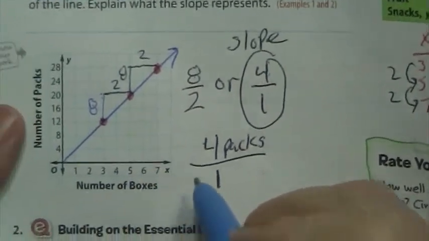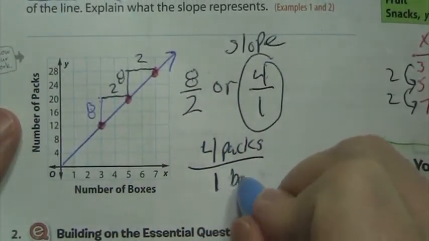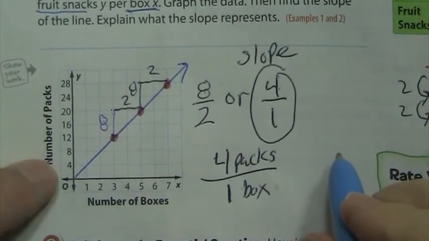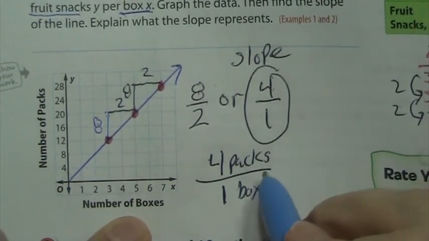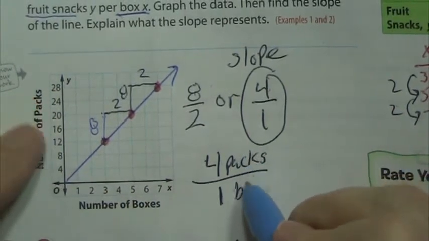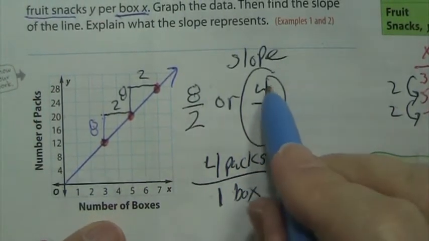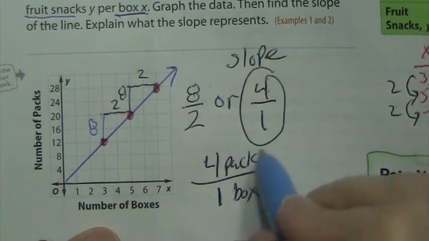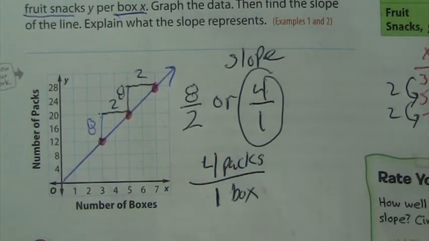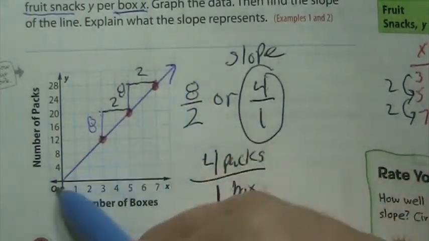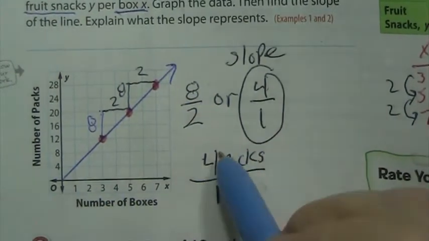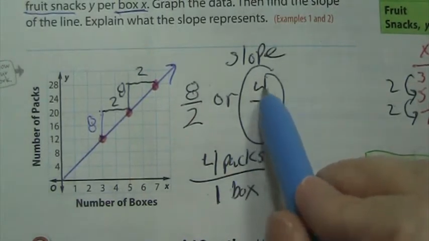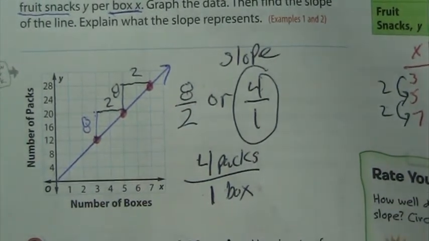One box. Okay, so these are packs of fruit. These are boxes. 4 packs per 1 box. That is the slope. That's what it stands for. That's what it represents. Okay, what's another name for this slope? That is the question.